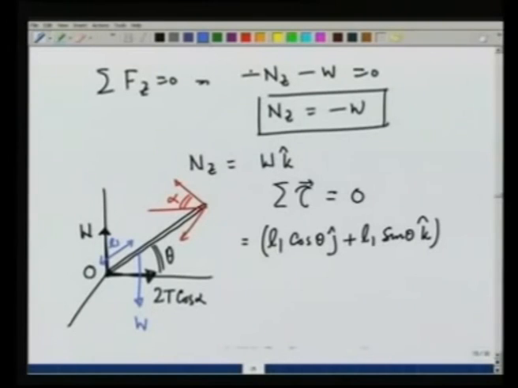So, distance where W is acting is L1 cosine theta j plus L1 sine theta k, cross product of minus W k.